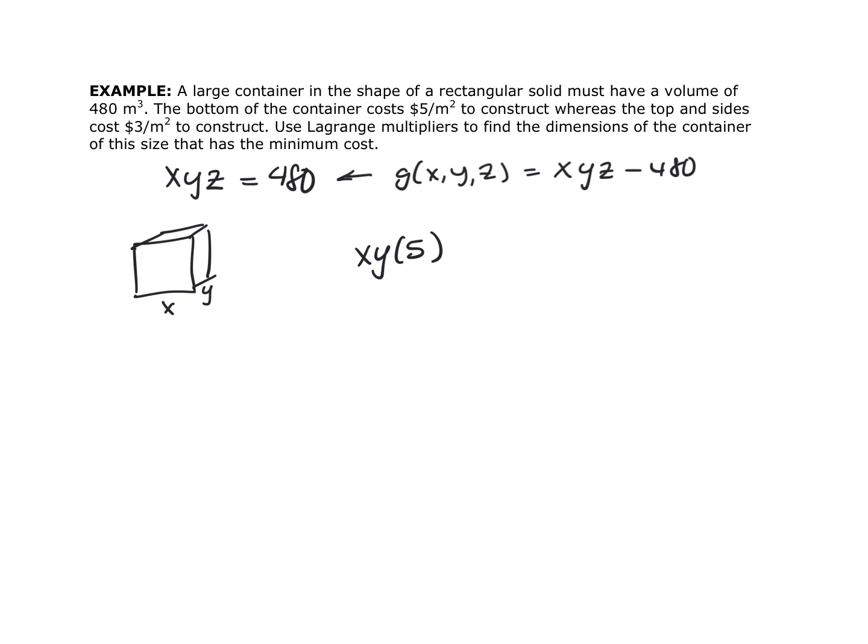Then I'm going to have my sides. If we call this z, then I'm going to have 2 sides that are y and z, and the sides are going to be $3 to construct, times 2 because I have 2 of those sides.